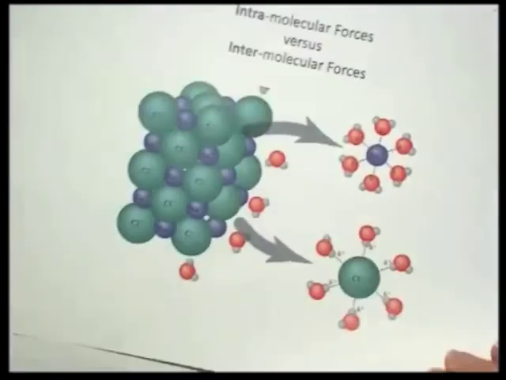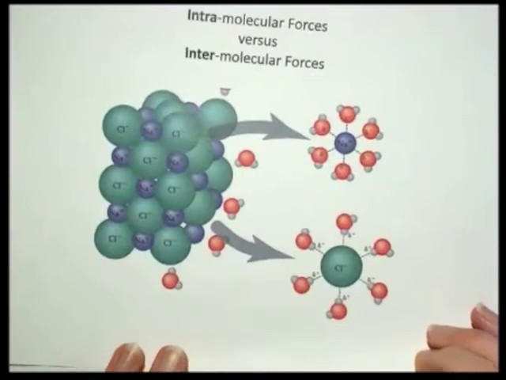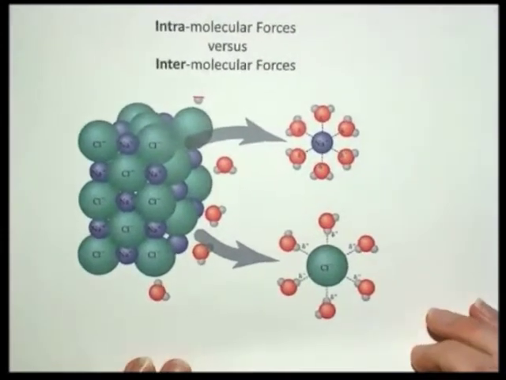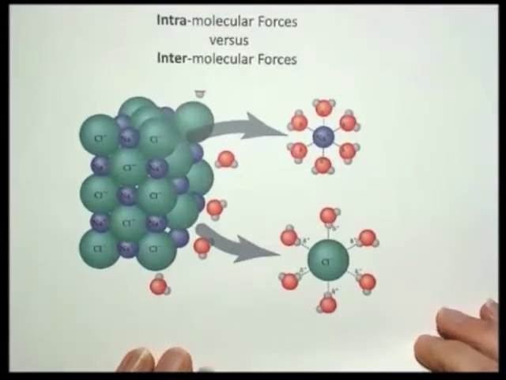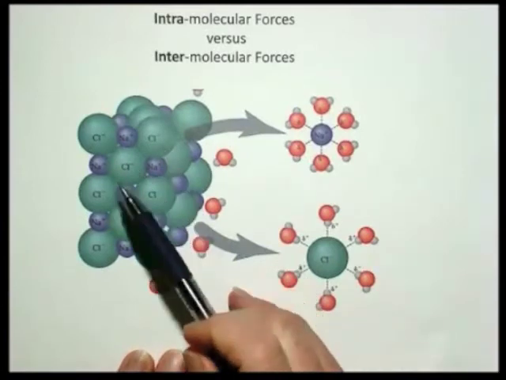So again, we're back to this concept of intermolecular forces. Intermolecular forces is what we're talking about right now. And here is what happens when you put salt in water.